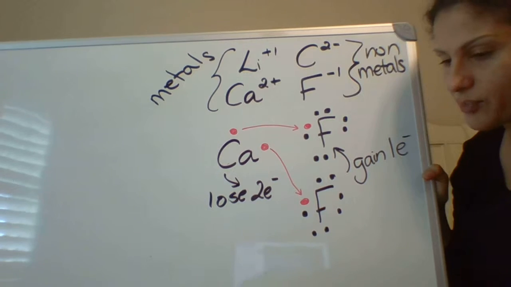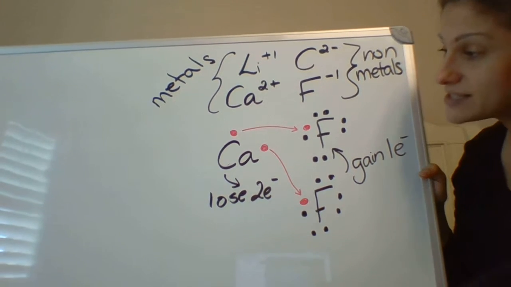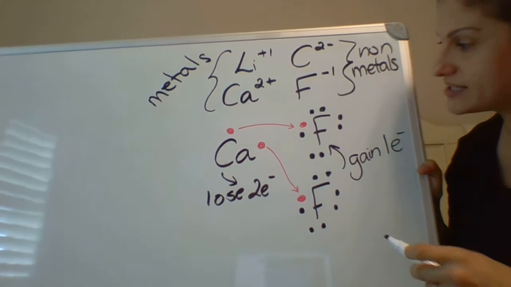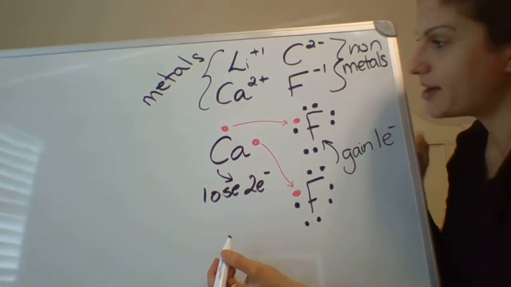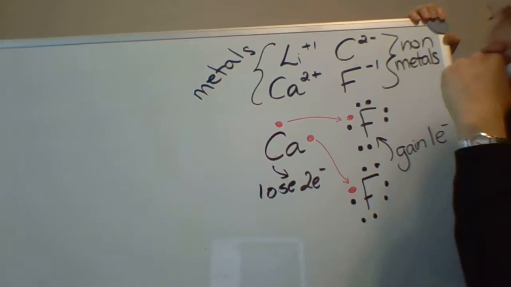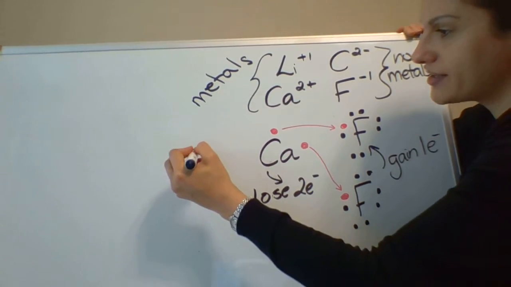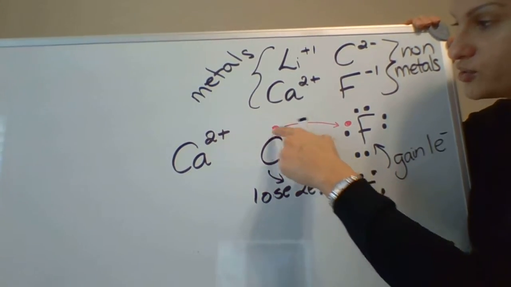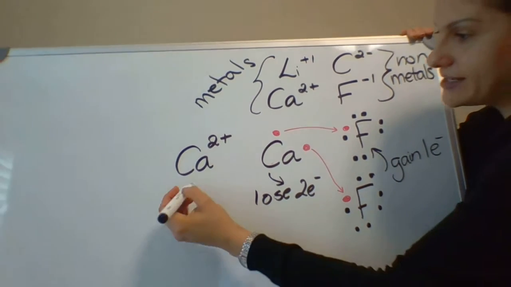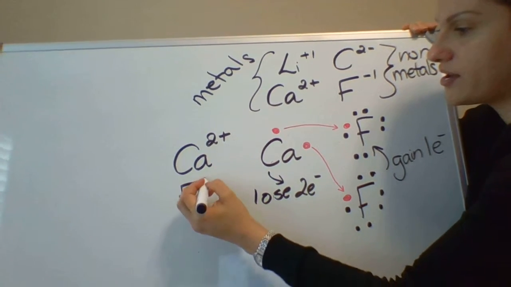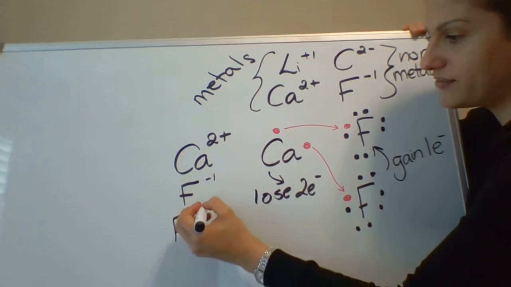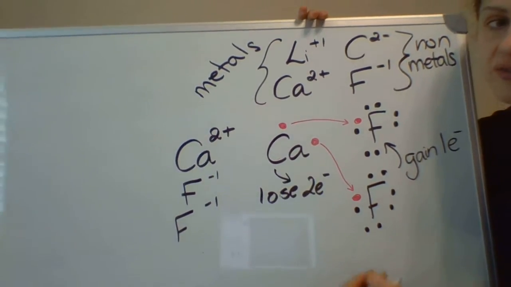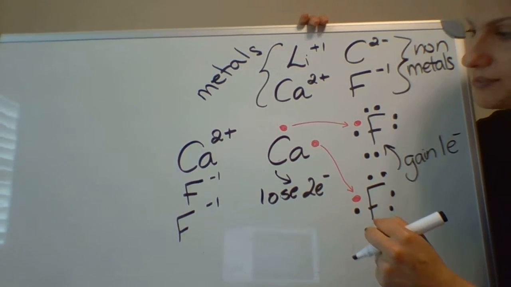Now what we're going to end up with is a calcium ion. You're going to end up with Ca2+, because it's going to lose 2 electrons. You're going to end up with 2 negatively charged fluorine ions, which are called fluoride, but we'll talk more about the naming later.